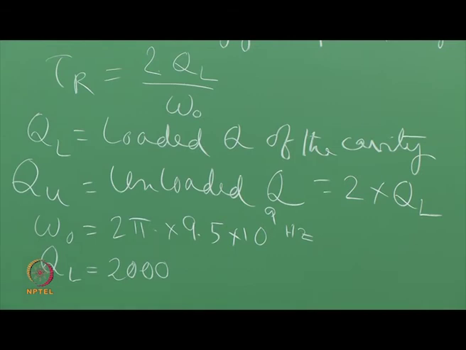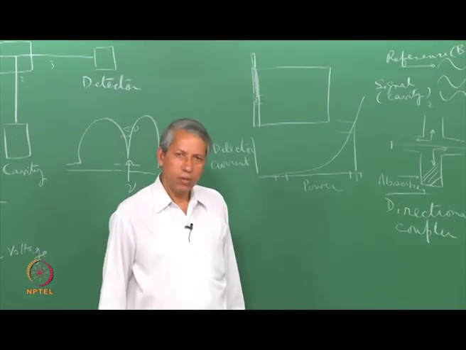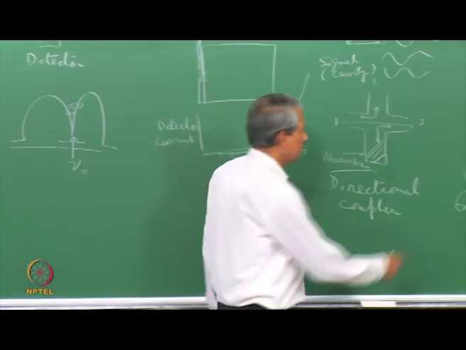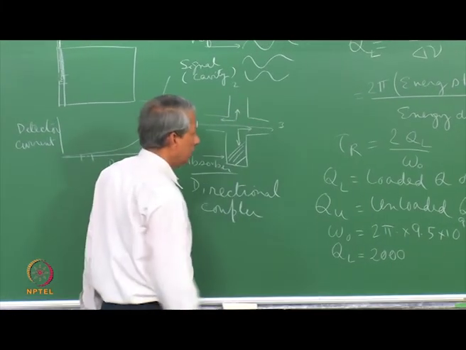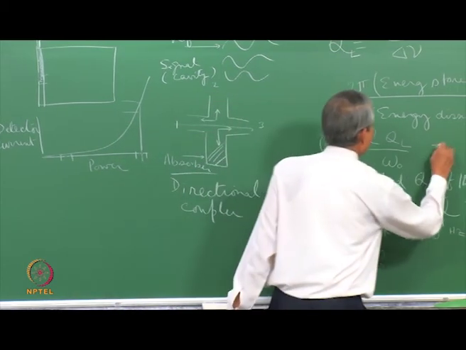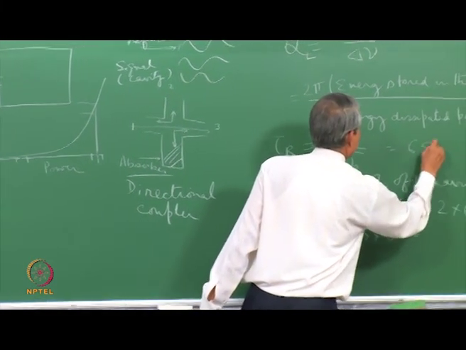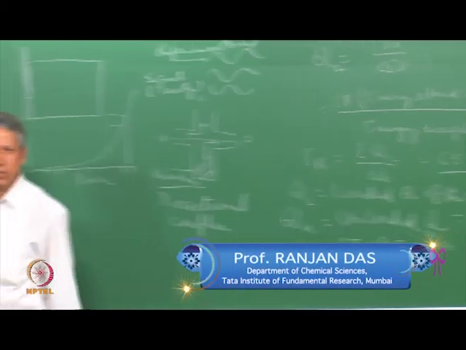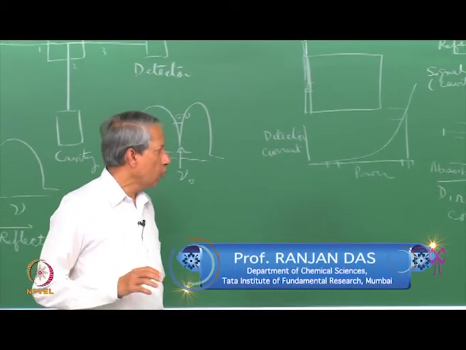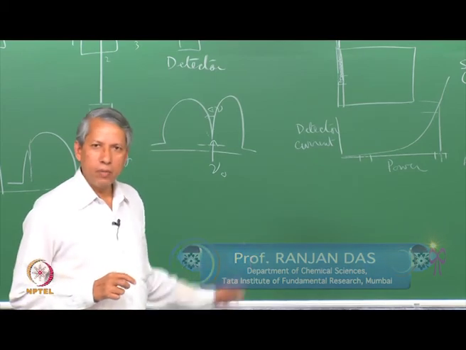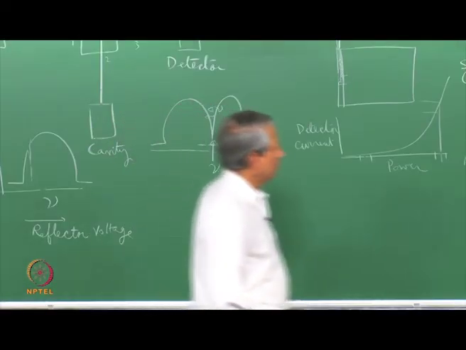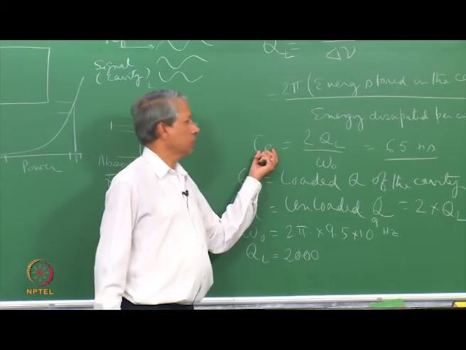Anywhere from 2000 to 3000 is the typical value for an X band rectangular cavity. So, if you put it here and calculate, the tau r comes out to be about 65 nanoseconds. So, typically a signal which is changing somewhat slower than 65 nanoseconds can be recorded by this spectrometer.